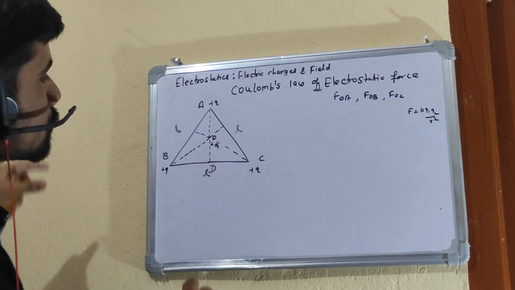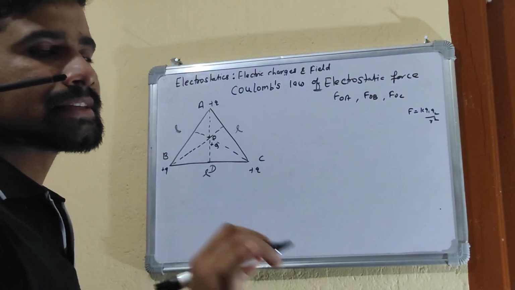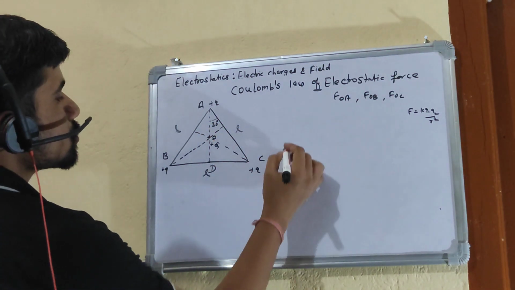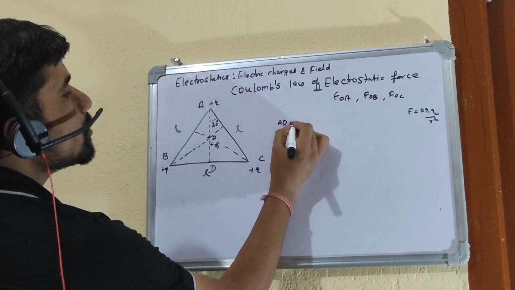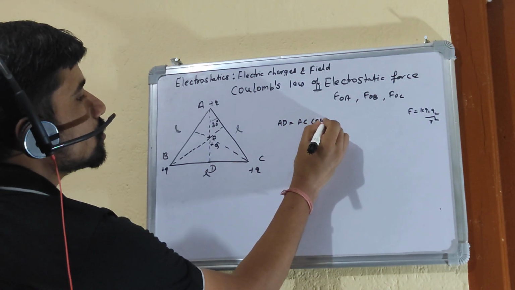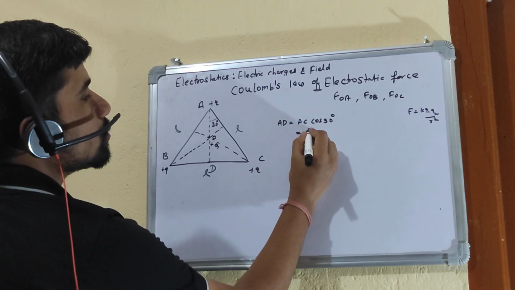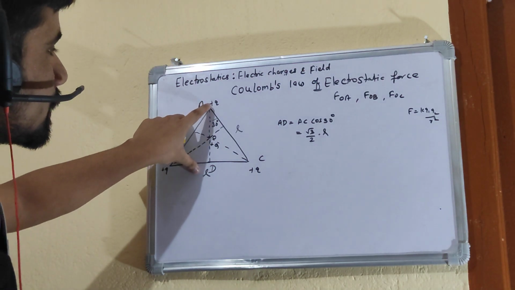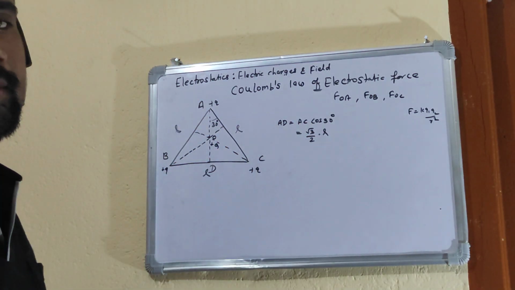All angles of an equilateral triangle are 60 degrees, so this particular angle is 30 degrees. Now I can calculate AD. AD will be AC cos 30. Cos 30 is root 3 by 2 and AC is L. So this particular altitude AD is root 3 by 2 L, right?